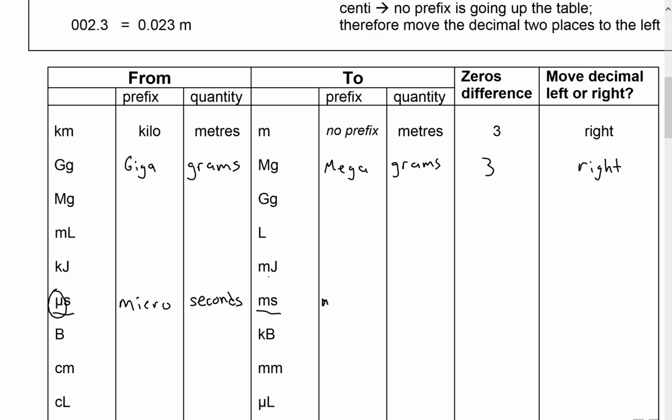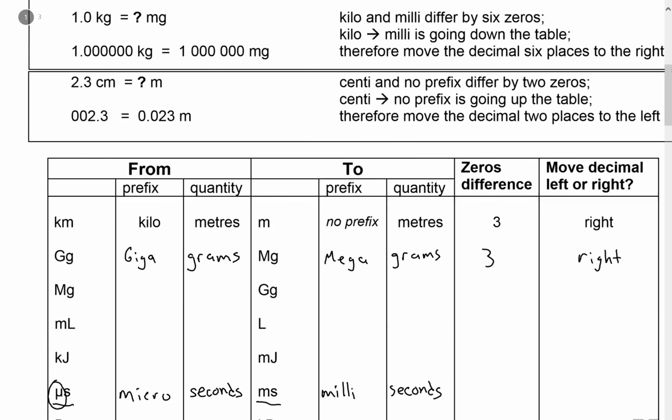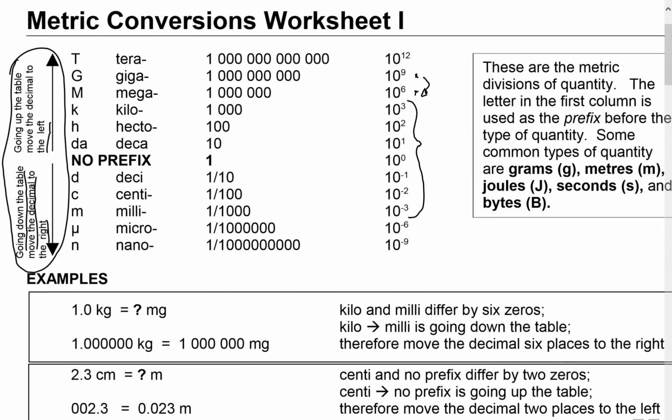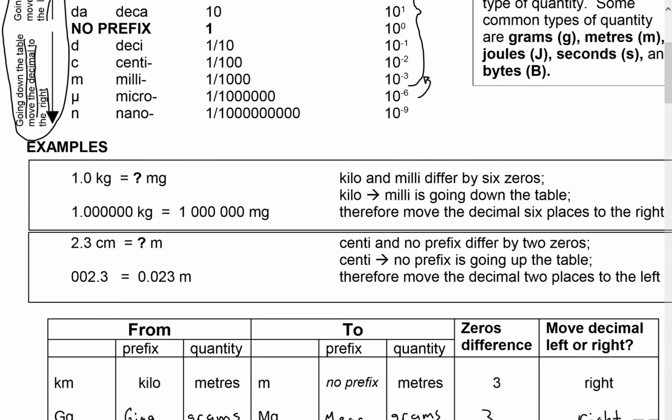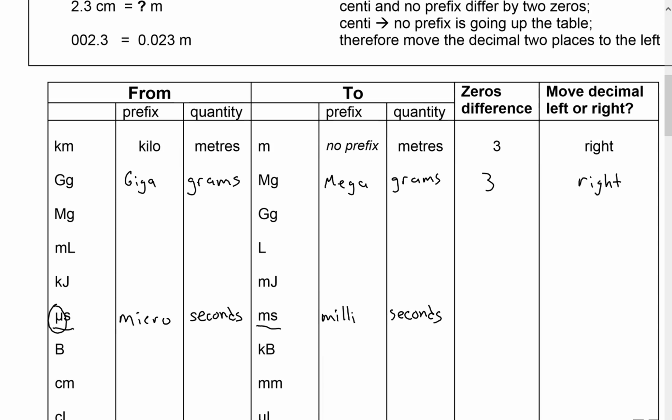And we're moving it to milliseconds. So if I look at my chart, micro to milli, that is from -6 up to -3. Again, I have a difference of 3 between my exponents. And this one, I'm moving it to the left.